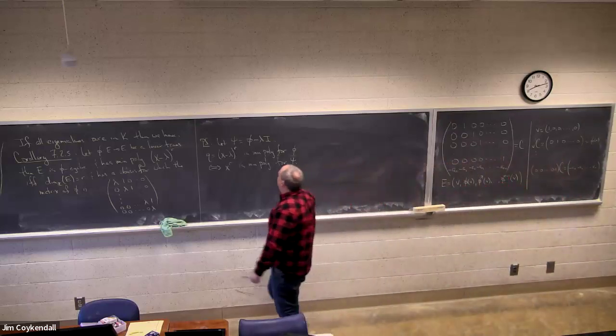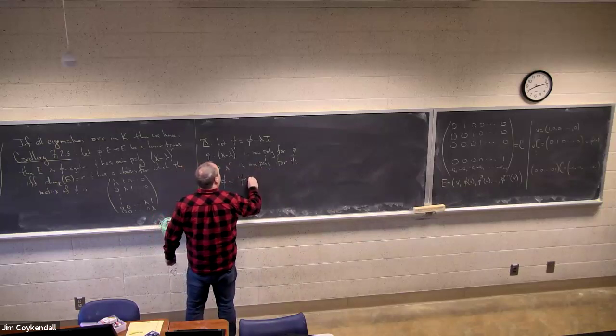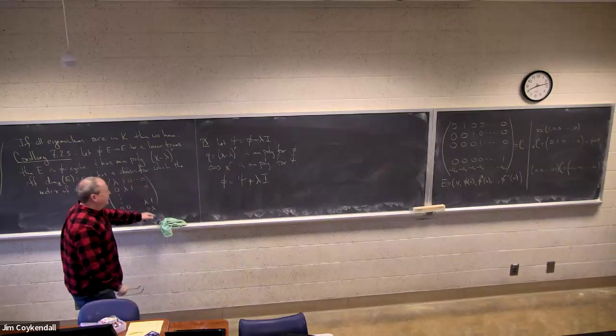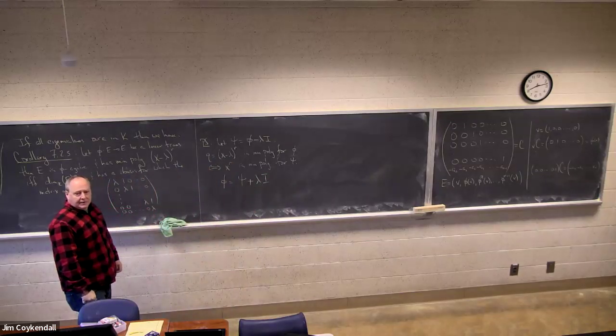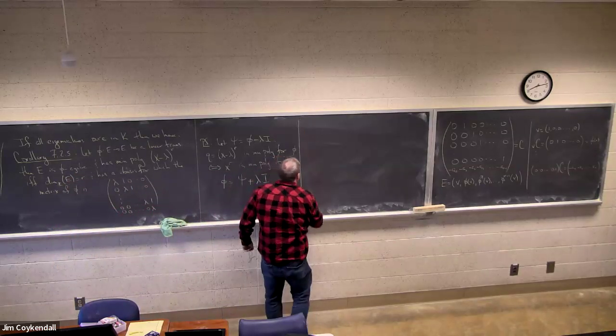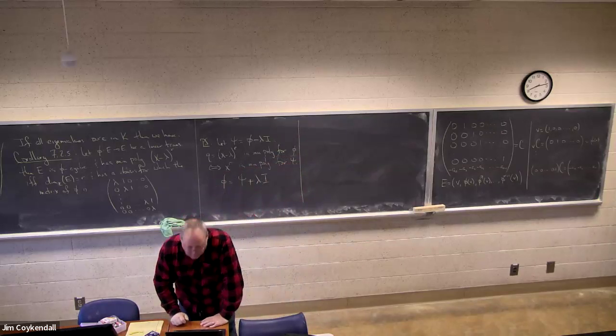Now reverse this and notice that phi is psi plus lambda I, and that's where you get the lambdas down the diagonal. All right, so there you go. Okay, any questions?